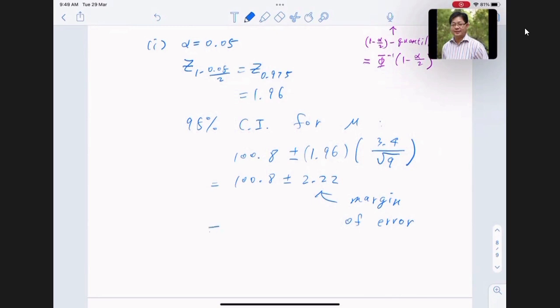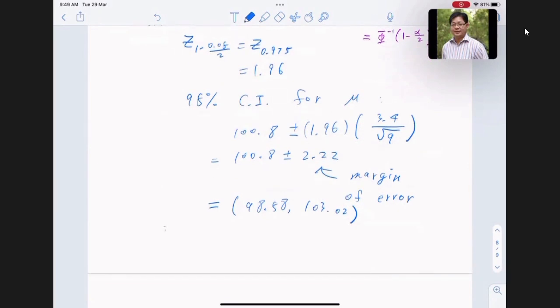This provides a range of values from 98.55 to 103.02. So this is how we obtain a confidence interval for 95% coverage. This is a range of values we use to estimate the unknown parameter, the population mean.